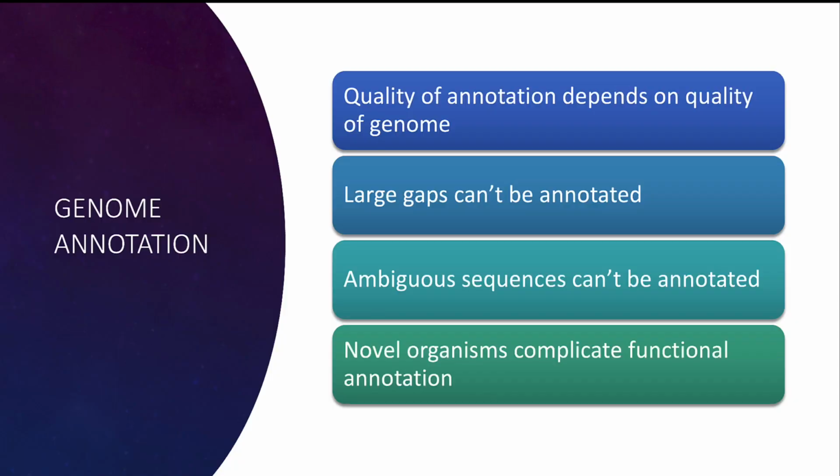Now, what you have to keep in mind is this idea of, I think I've said this before in class, but I'm sure you've heard it other places too, garbage in, garbage out. If you put in a garbage assembly, you're going to get a garbage annotation. That's why we do the quality steps to make sure it looks as complete as possible.